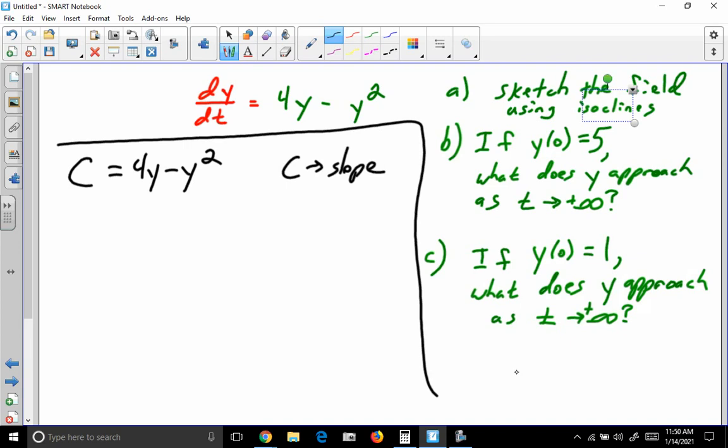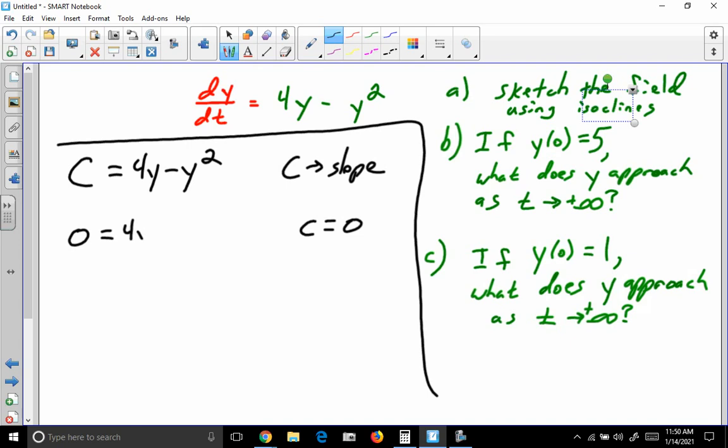It's the slope of our curve at any given point. So notice this one doesn't have y's and t's both in it. Our slope is determined simply by the y value. So I want to know when our slope is 0. So when c is 0, when is that?